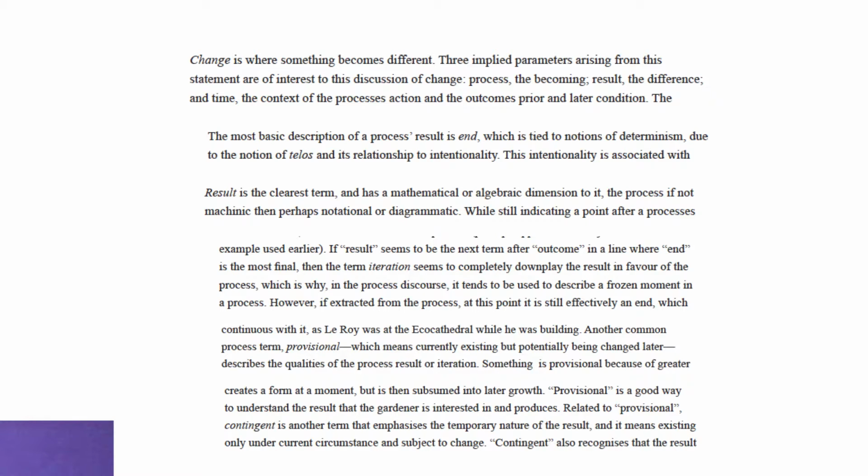And therefore, all the form is, in a way, is a representation of the process. And so, in a way, the process's result is its end. It's this particular moment. And so people tend to not like form because it suggests that processes have an end. And that's because of this idea of time and what's known as telos or intentionality.